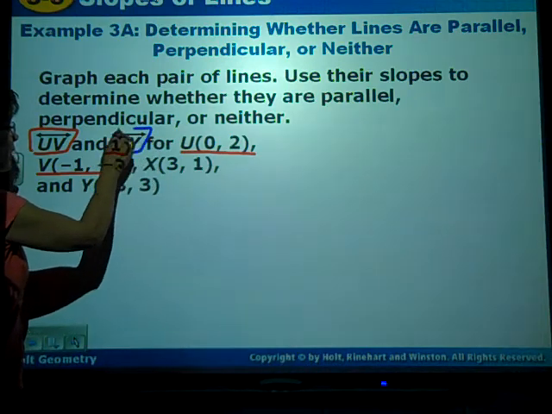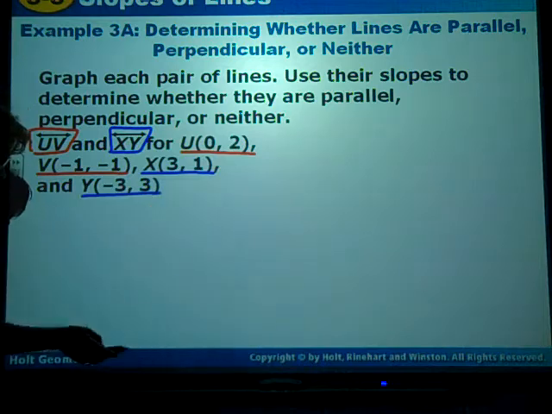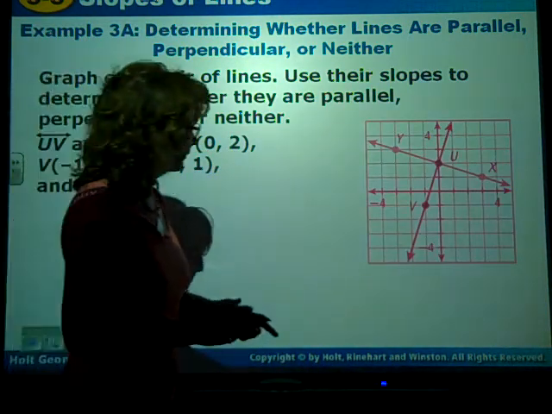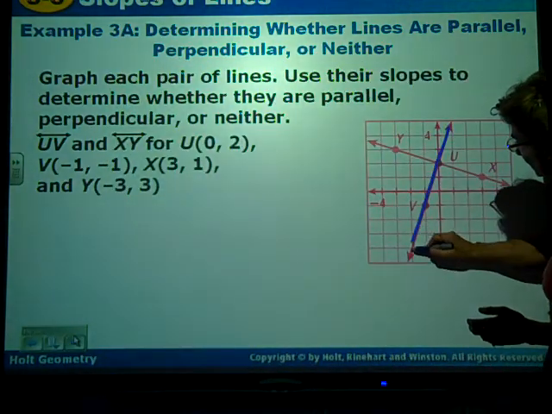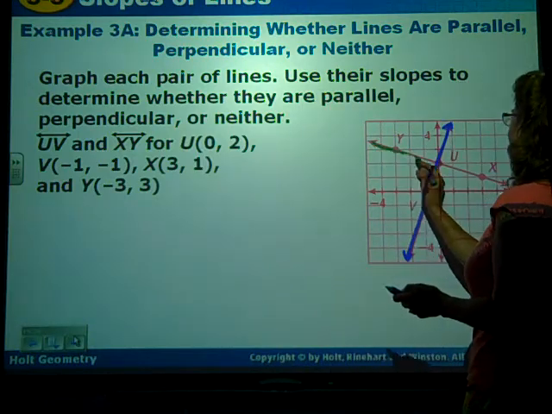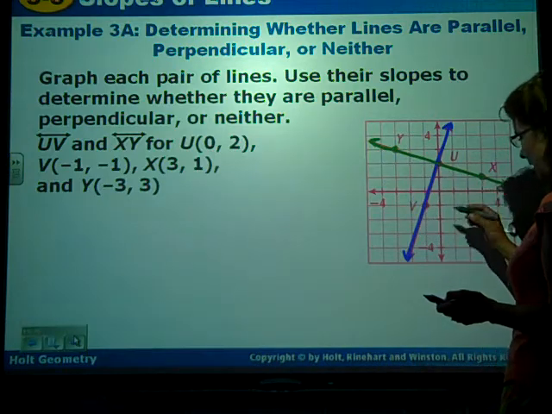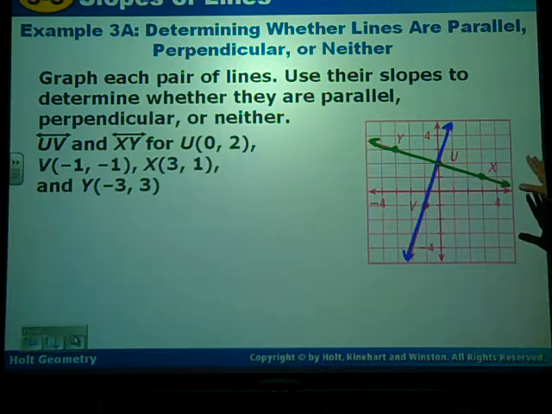And then XY has points X (3, 1) and Y (-3, 3). So I plot those, and here is UV, and here's XY. And just looking at them, they appear to be perpendicular.